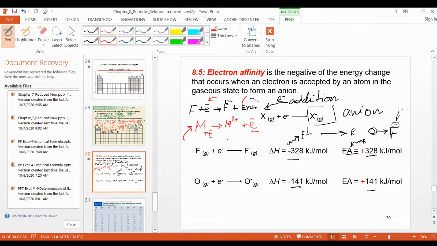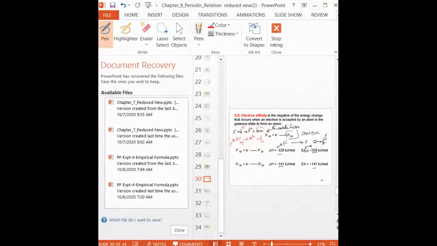Is it clear or not? Major difference: ionization energy of the metals will be higher, right? Yes, of course. And electron affinity of non-metals is higher. These are metals and these are non-metals, right? These are positive species and these are negative species.